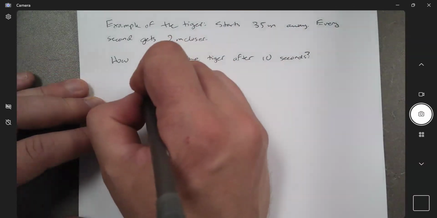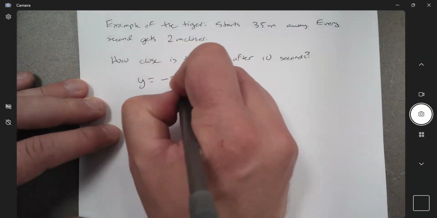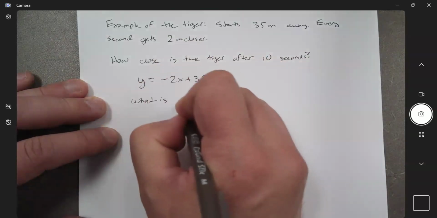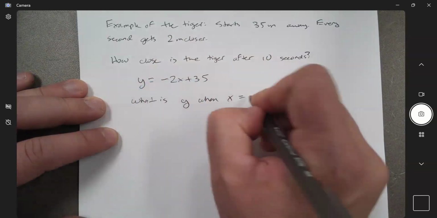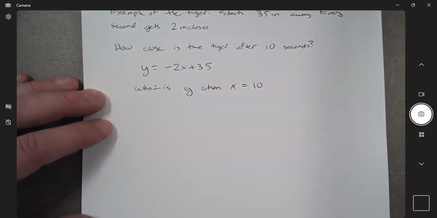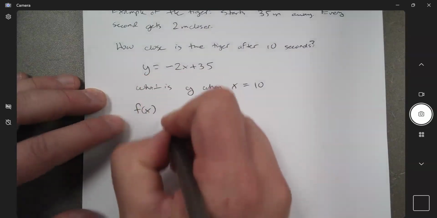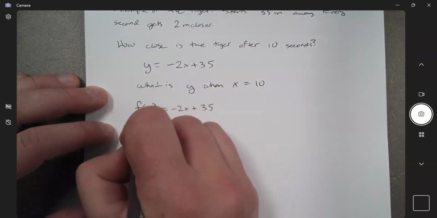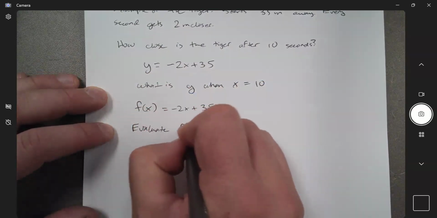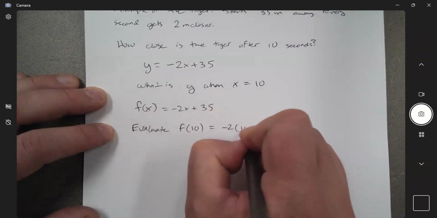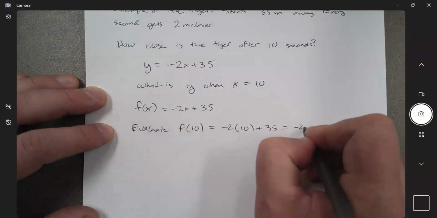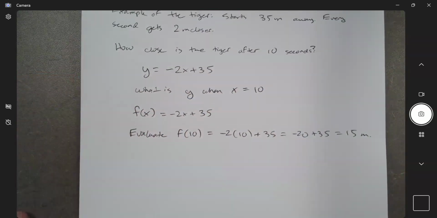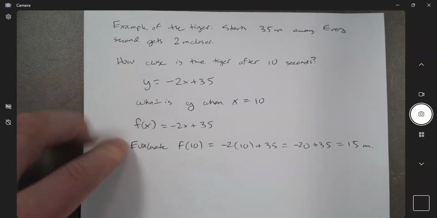All right, that's like setting up y equals minus 2x plus 35 and asking what is y when x equals 10? Or saying f of x equals negative 2x plus 35 and evaluating f of 10. 15 meters.